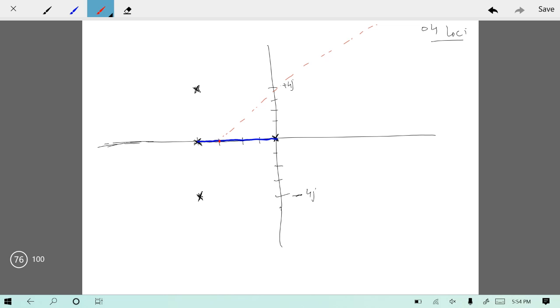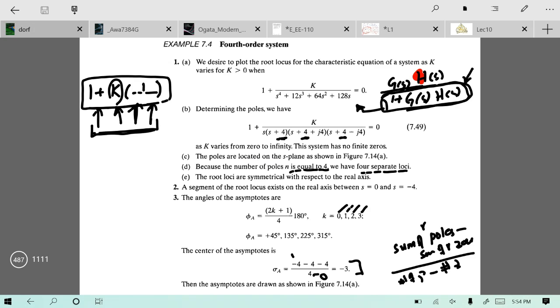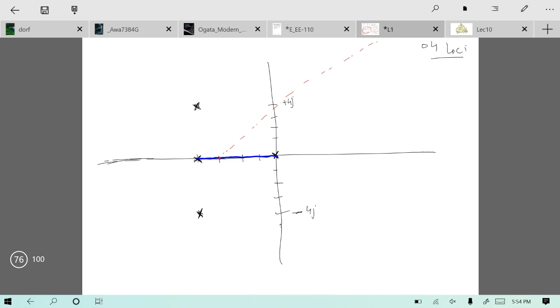This is 45 degrees, and another one is at 135, 225, and 315, which would be like this, this, and this.